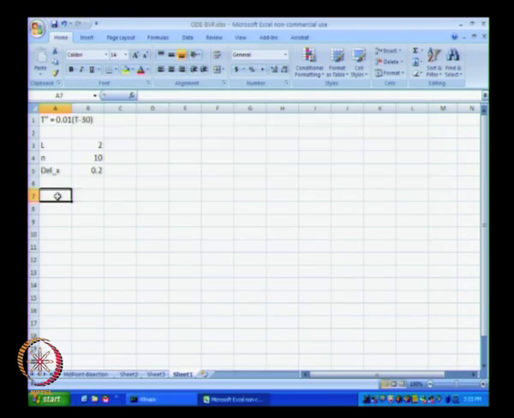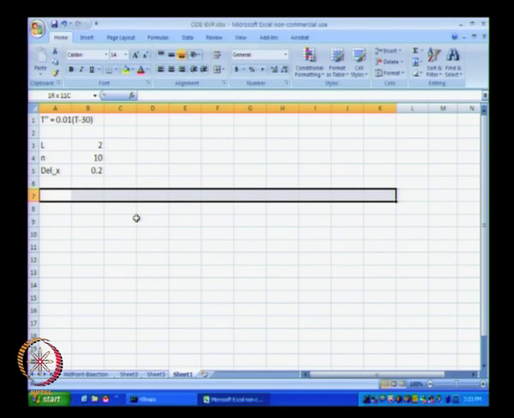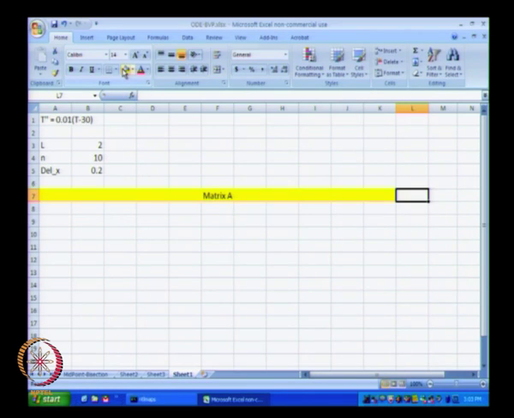Okay, so this is what we have. The 11 rows are going to represent the matrix A, so I will just merge them. Matrix A, and this is going to represent our vector B.